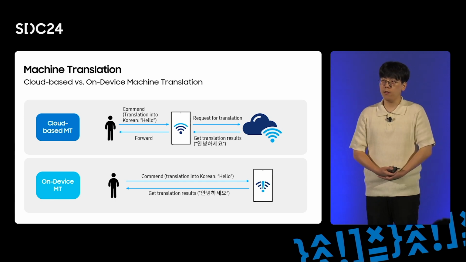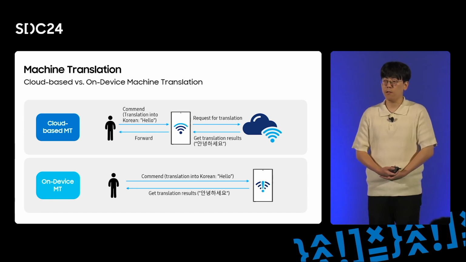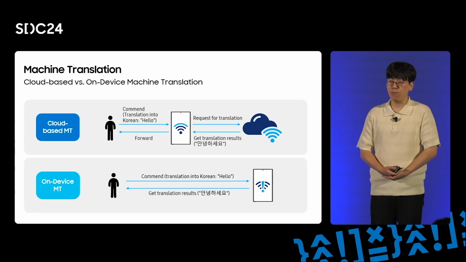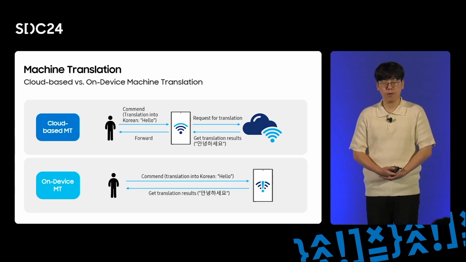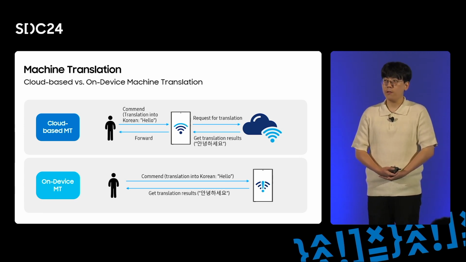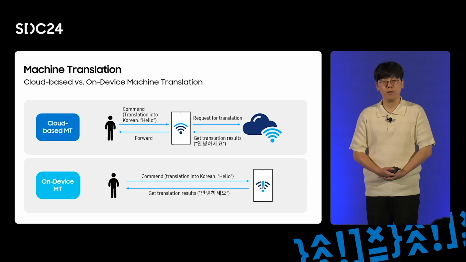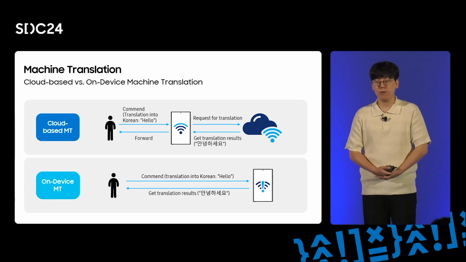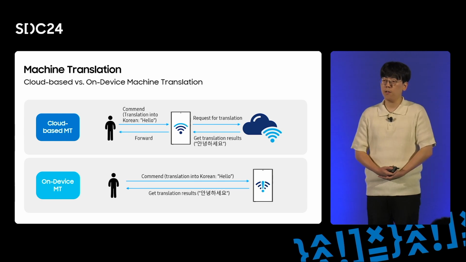It requires a stable internet connection, which can be an issue in remote areas or during travel. Moreover, transmitting data to external servers raises privacy concerns, particularly when sensitive information is involved. On the other hand, on-device translation works directly on a user's device without the need for an internet connection.